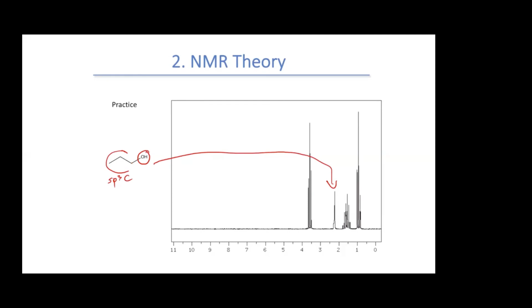And then breaking down our CH groups a little further so we can try and identify more of those peaks. We can see this CH2 has an alcohol connected to it. Since it has that oxygen, that's going to be much more electron withdrawing than the other 2 groups. So that means that's going to be our peak around 3.54.